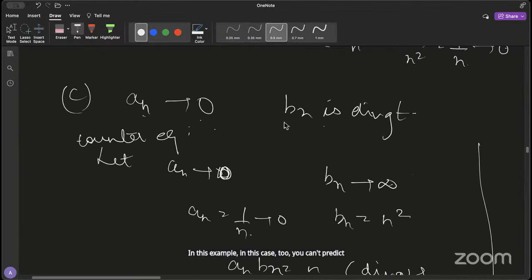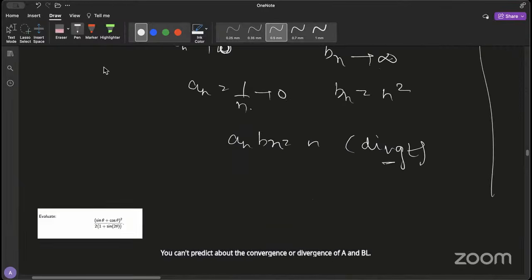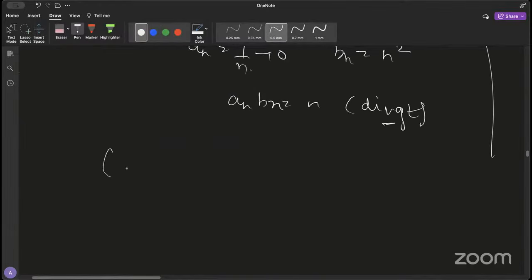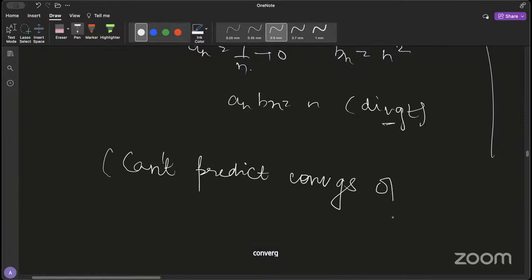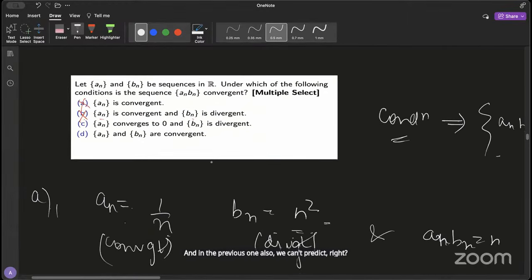If An is going to 0, Bn is divergent, you can't predict the convergence or divergence of An Bn in this case. And in the previous one also, we can't predict, right? And by the way, in the first one also, we can't predict.